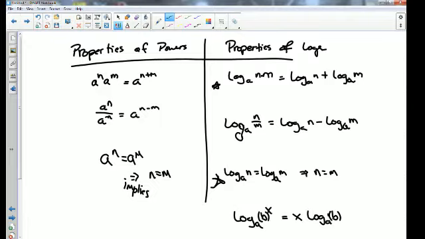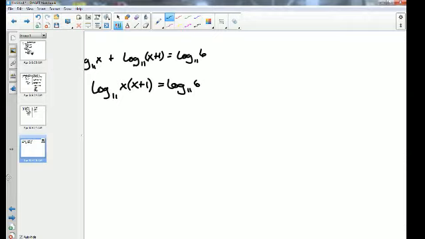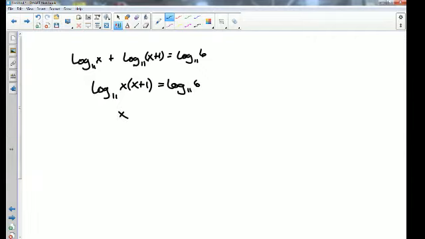What does that property tell me? The logs are the same base? Then these are the same, right? Okay, so if I use that property, what am I going to write? Log base 11 of x times x plus 1 equals log base 11 of 6.